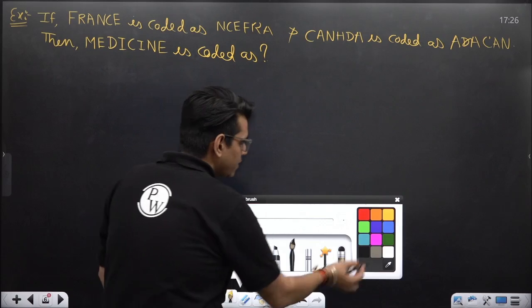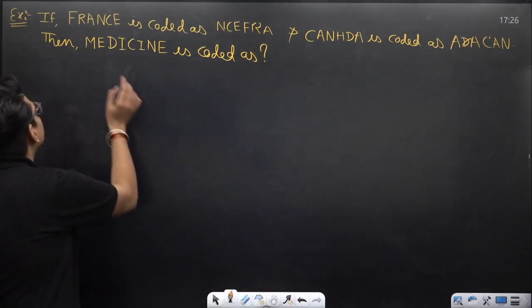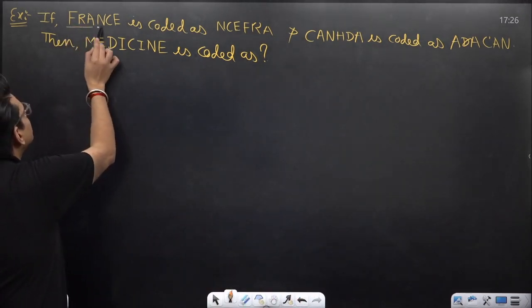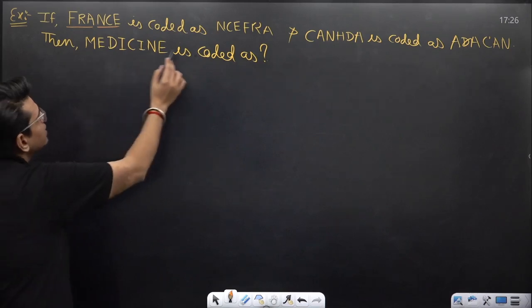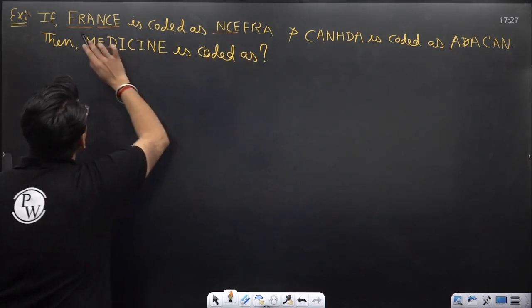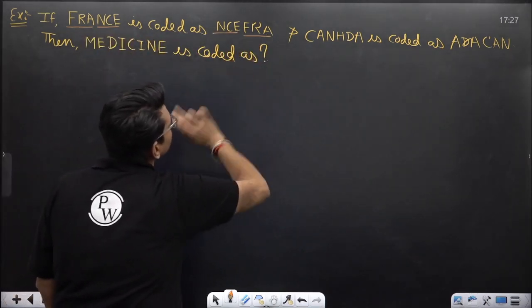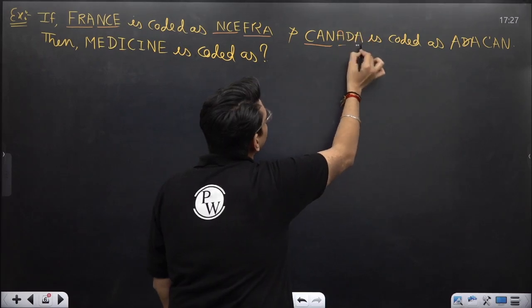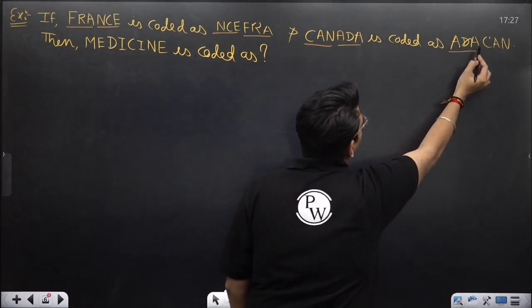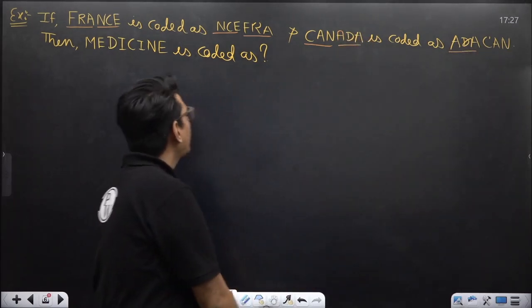So let's see. If you see carefully, there is a pair of 3 alphabets. It is changing as NC is as it is and FRA is going ahead, right? Here also CAN, ADA is coming ahead and CAN is going behind, right?